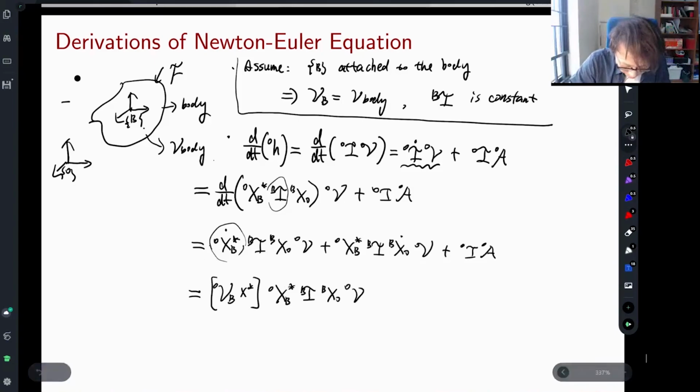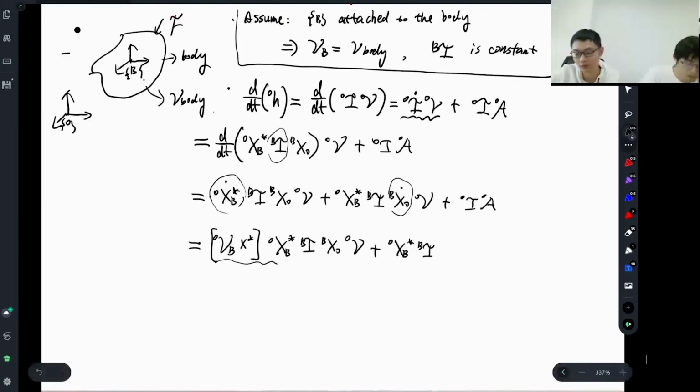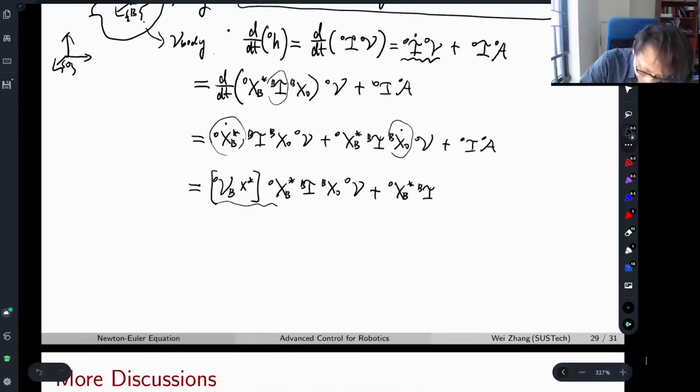All right, how did we handle this derivative? Then we handle this other derivative, which is X_BO star I_B. This derivative is a little bit tricky, so let me make a note here.